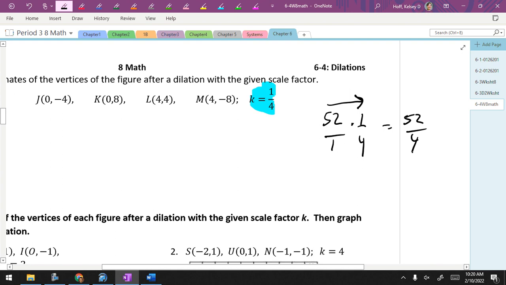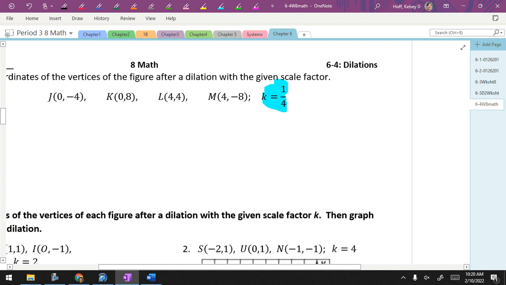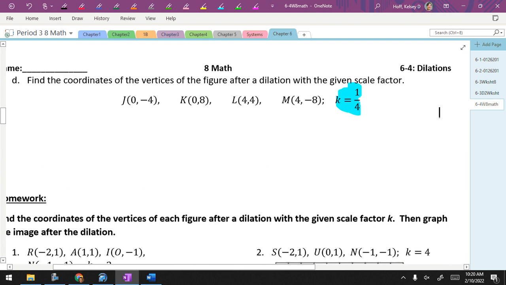So instead of multiplying by 1/4, what could I do? Really, it's like dividing by 4. So when you multiply by 1/4, it's like dividing by 4. I don't want you to use decimals.